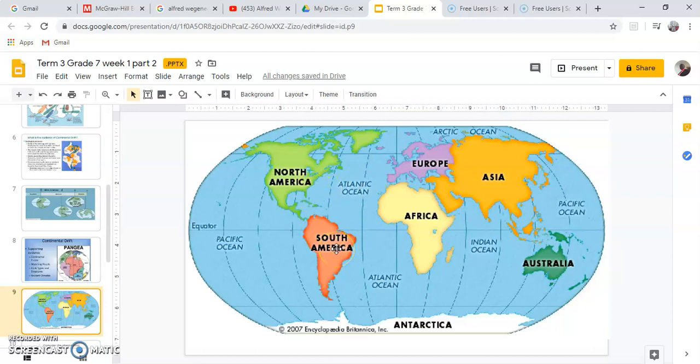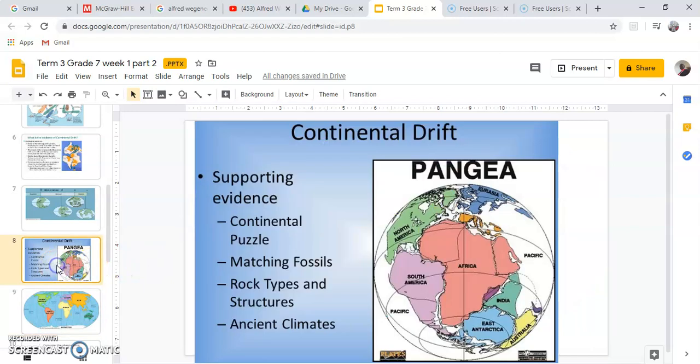Take for example, South America can fit in here because this is where it moved away from. So this is one of the evidences. This is the main evidence we have in the continental drift hypothesis, the continental puzzle, when we see that all the continents can be fitted together into a giant puzzle.